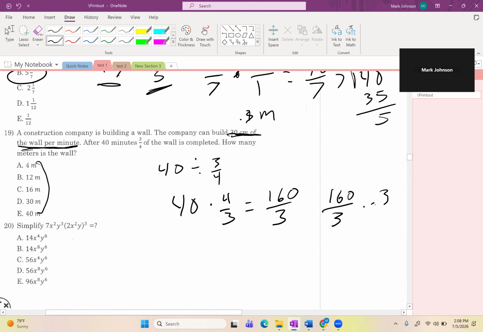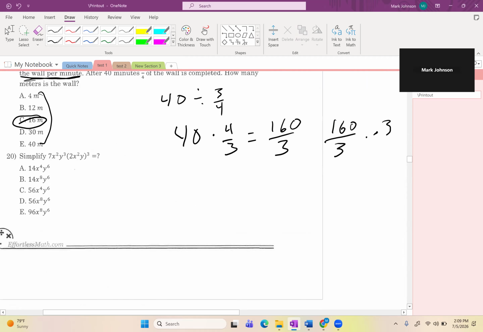And you could just use this in your calculator: 160 divided by 3 times 0.3. And the answer is going to be 16, but we'll do it in the calculator. 16 is the answer.